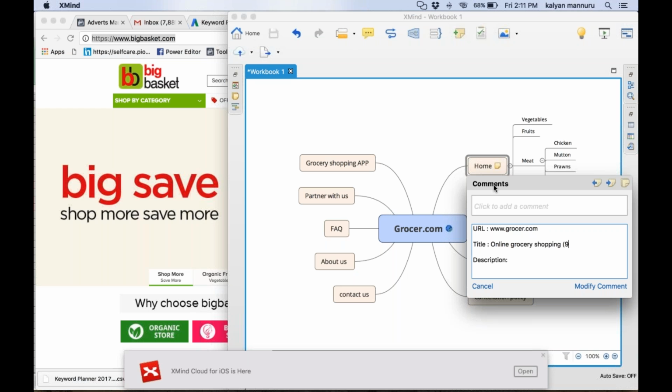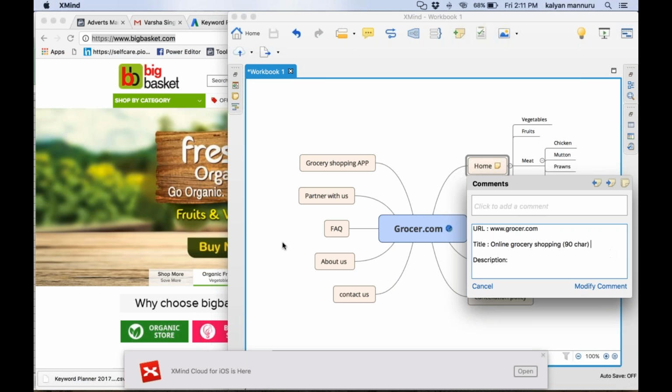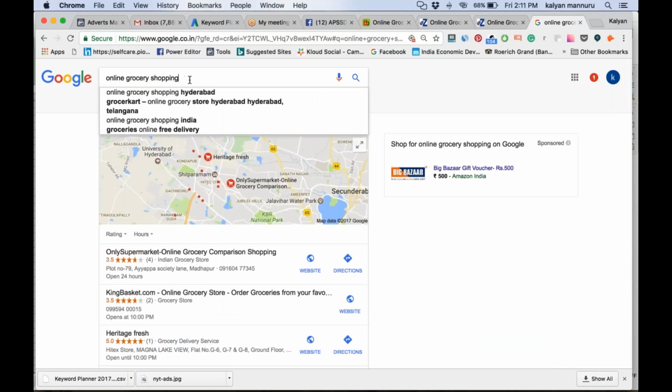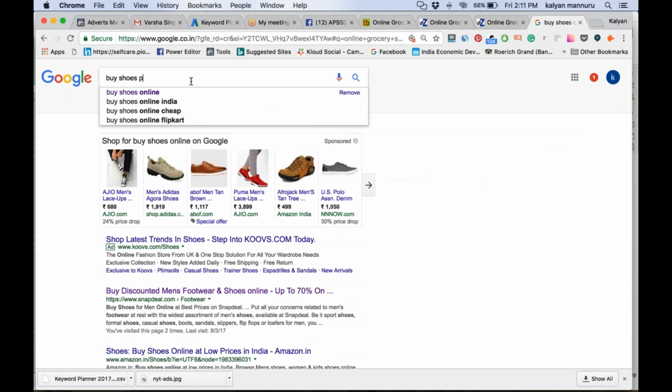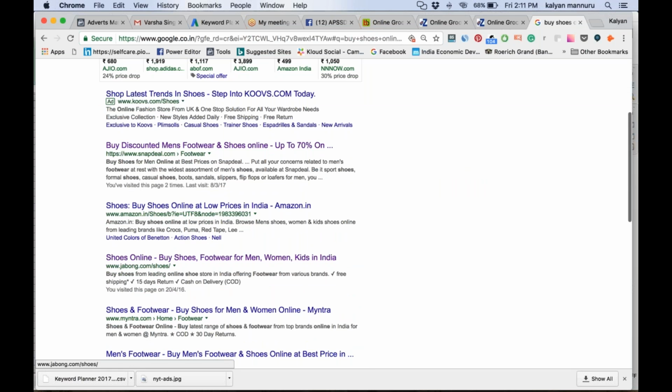There is a limitation here that you have to keep in mind, that is the title should be 90 characters only. You can write more, but that affects your SEO, right? It is good to write 90 characters because of two reasons. Number one, when a keyword is searched online, it could be any keyword, the title that is visible on the search results page is only 90 characters.